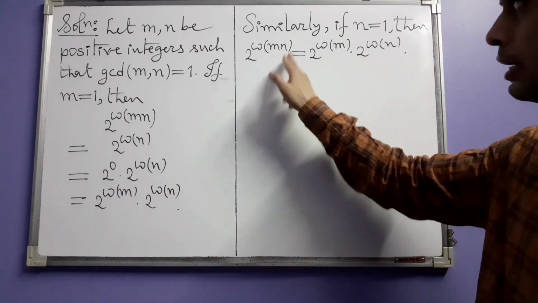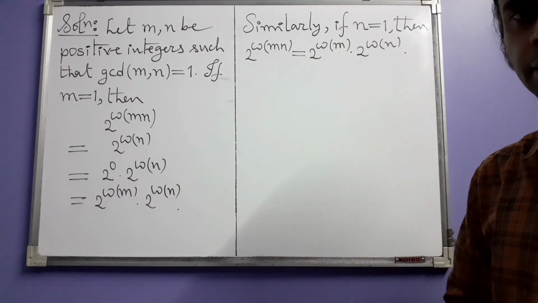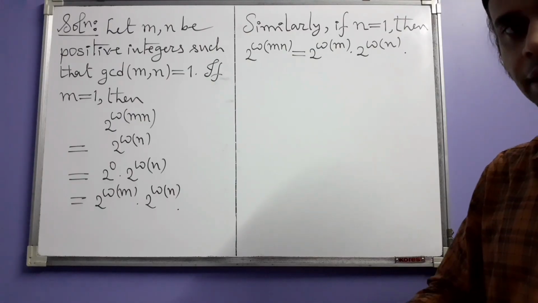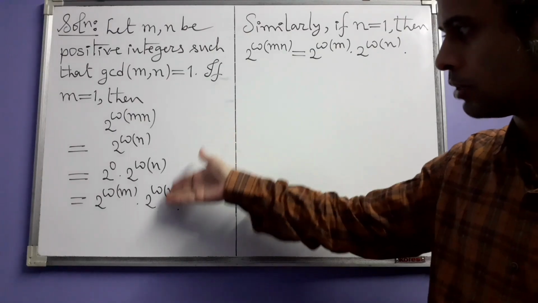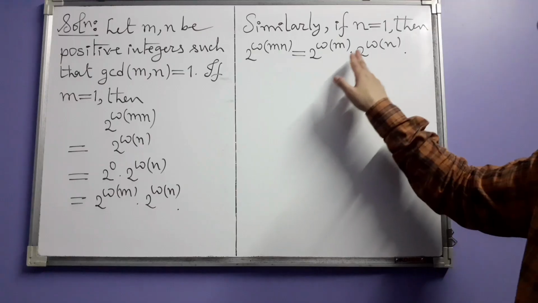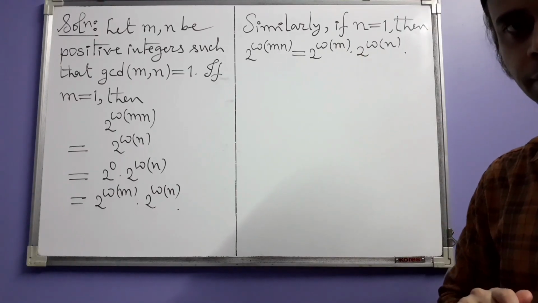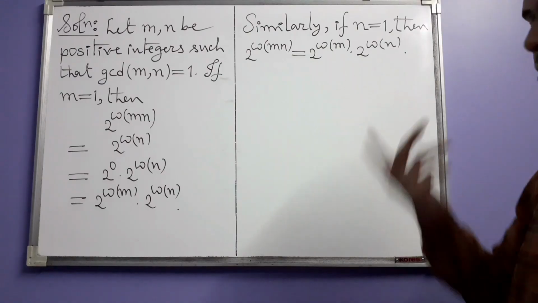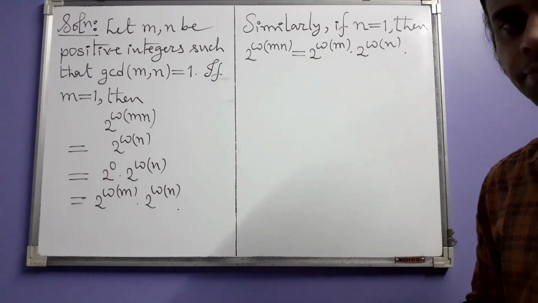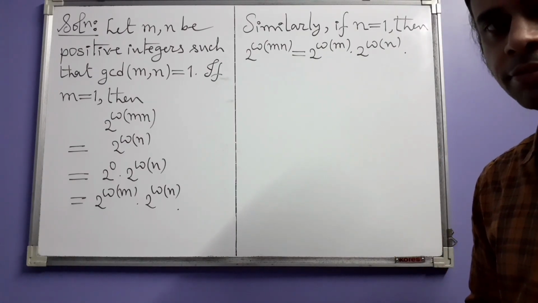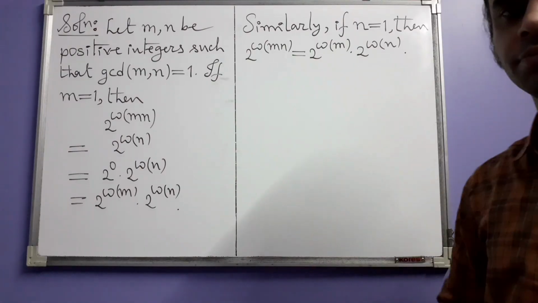You just write nm in place of mn, and then now your first number becomes 1. So you now use this. What will come? 2 to the power omega of n times 2 to the power omega of m. And in its place you can write this, because multiplication of real numbers is commutative. That's how this case follows from this one.